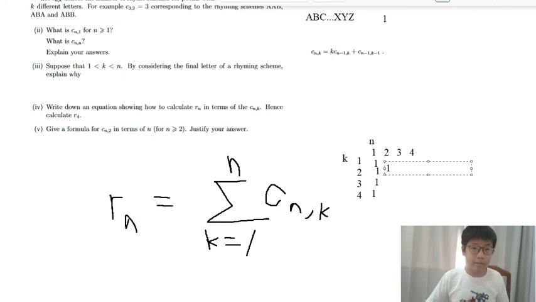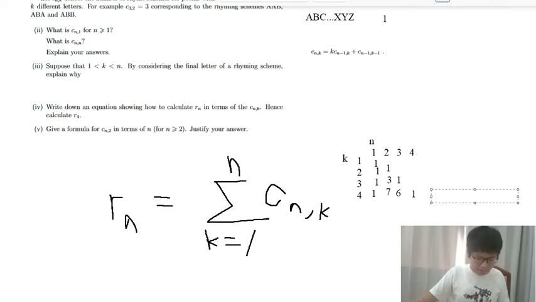So this one has 1, 1, 1, 1. We have already calculated this is 3, and using the recursive formula, we can say that this is 7 and this is 6. So this means R_4 is 1 plus 7 plus 6 plus 1, so R_4 equals 15.